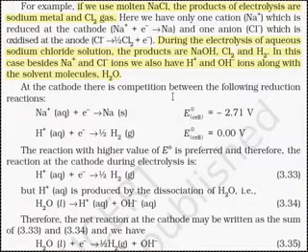At cathode, there is a competition between the following reduction reactions. Na+ plus electron gives you Na. H+ plus electron gives you half H2. Here they have given you the cell potential values. The reaction with higher value of E naught, that is standard cell potential, is preferred, and therefore the reaction at the cathode during electrolysis is H+ plus electron gives you half H2.